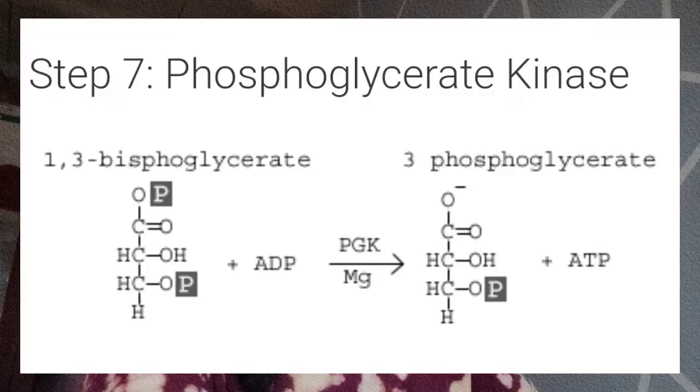The enzyme involved is phosphoglycerate kinase. ATP production in this step involves substrate-level phosphorylation, a process whereby ATP is produced from ADP by hydrolysis of a high-energy compound.